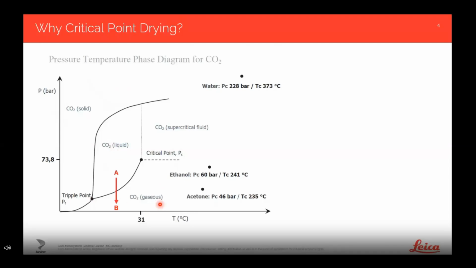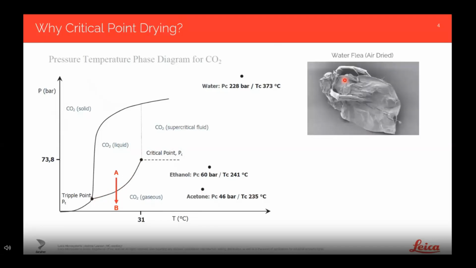So when we're air drying, and this is a fairly simplistic visualization of an air drying process, we're going from a liquid to a gas. But what's really important is that we're crossing this phase transformation line at some point. Whenever we cross a phase transformation line in a phase diagram, typically we're going to experience a volume change.